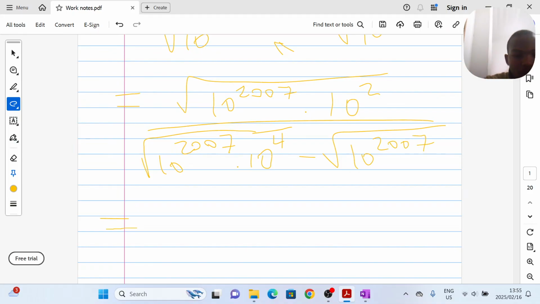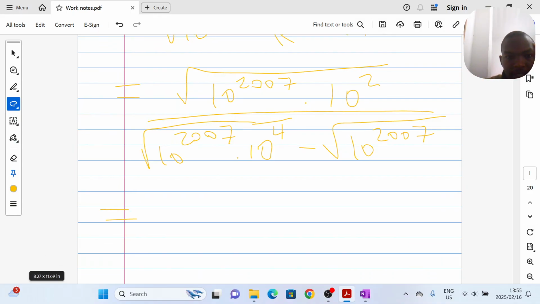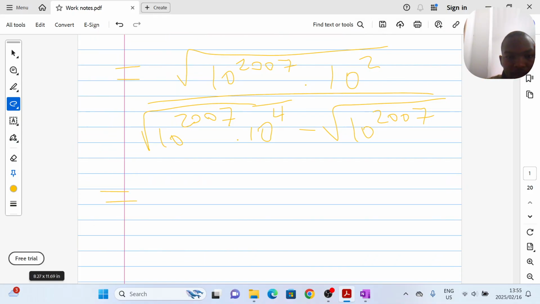Then we go down and say, okay, we already have this nice thing there. What next do we need to do? We said that if you have a product inside a square root, we can always split it, or we can always combine them.